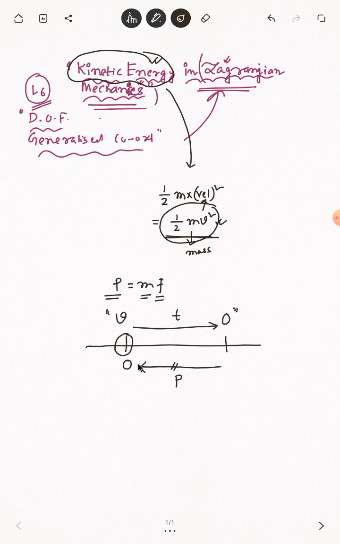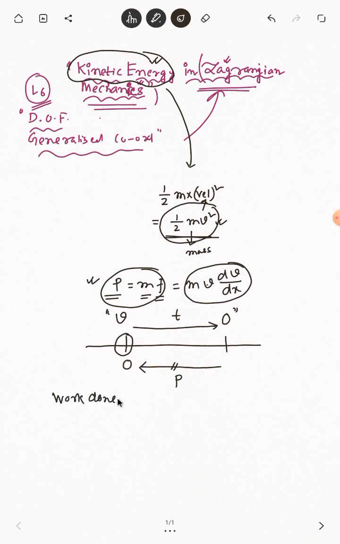Now what will happen to this equation in that case? If we analyze this, we would write the expression for f as v dv dx. Clear?